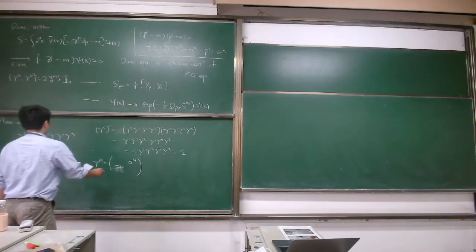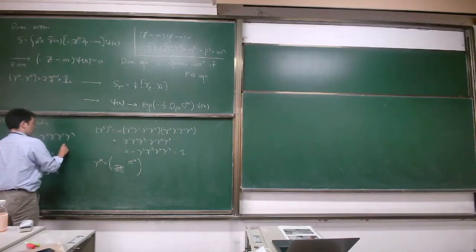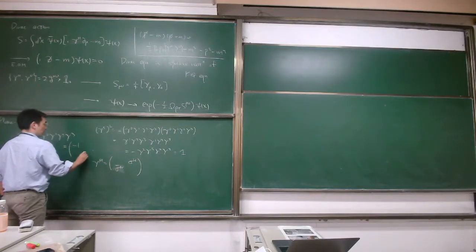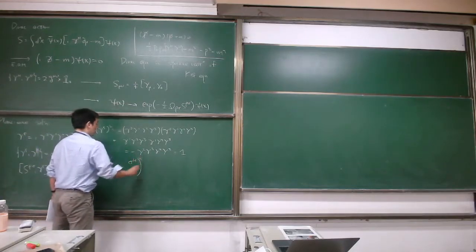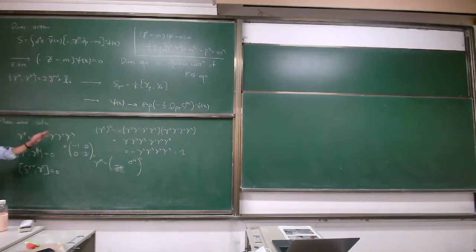If you use this basis, by direct calculation, gamma 5 becomes diagonal.